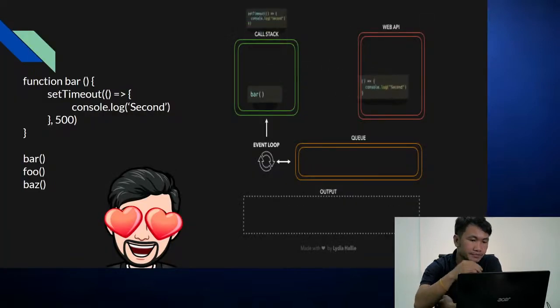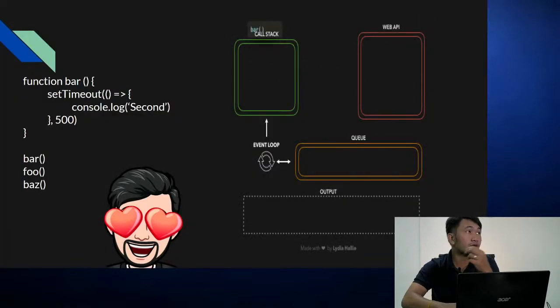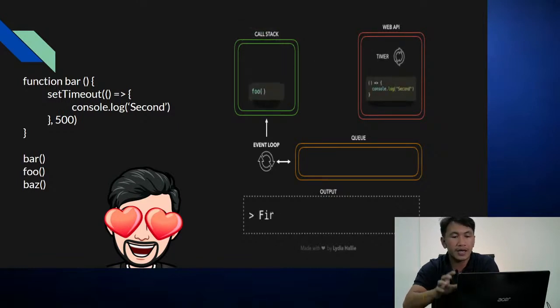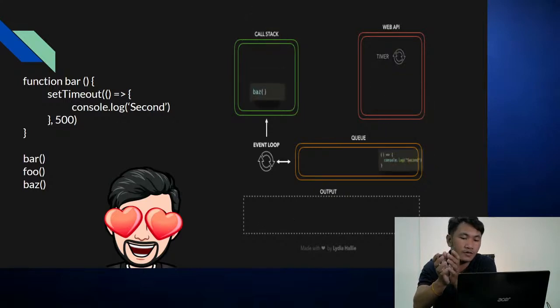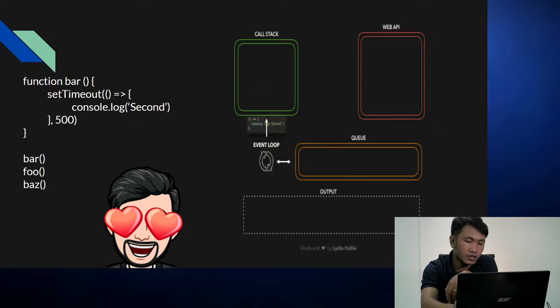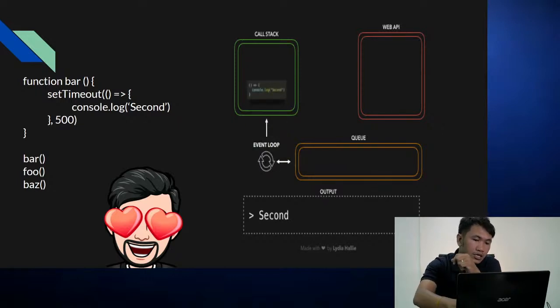If we look at it, we have the bar, and then it executes the setTimeout. setTimeout goes to our web API, waits for a timer to operate. Then that timer goes to our queue, and then the event loop runs, and goes to our call stack.